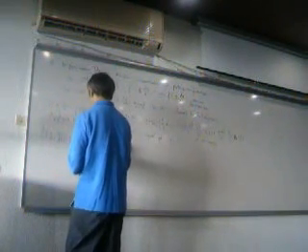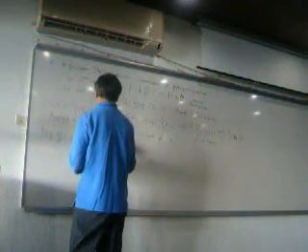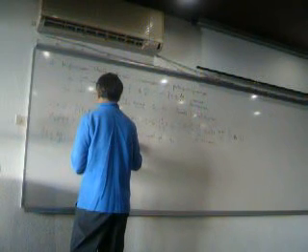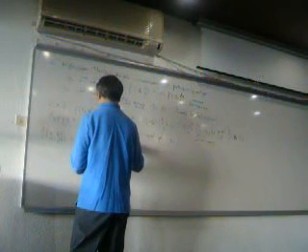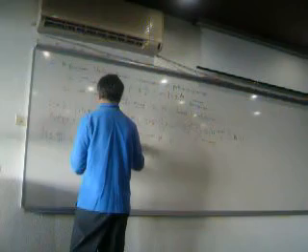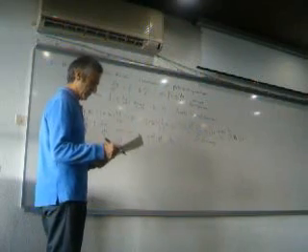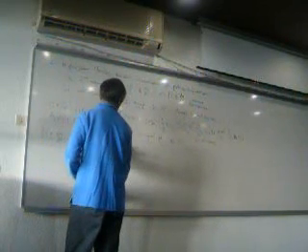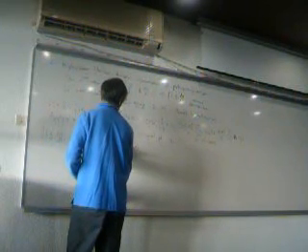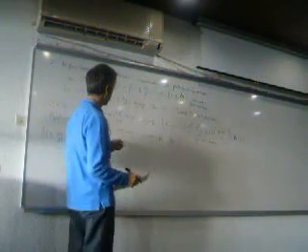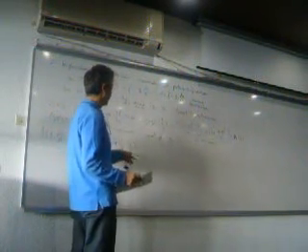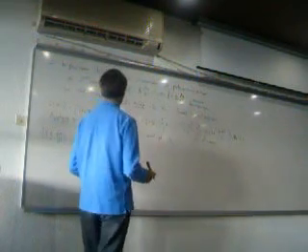Plus (y minus y0) partial of f with respect to y. Is this correct? y minus y0, that's y, right? Now I call this ye. y minus ye times partial of f with respect to y, evaluated at ye comma 0.